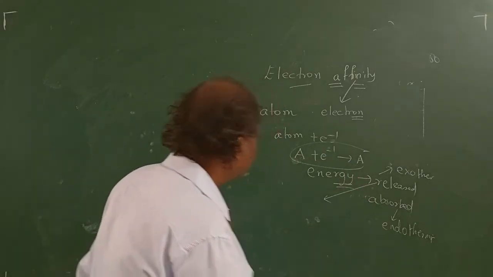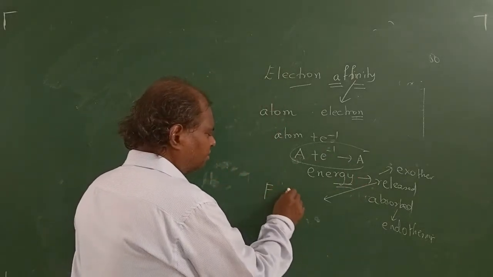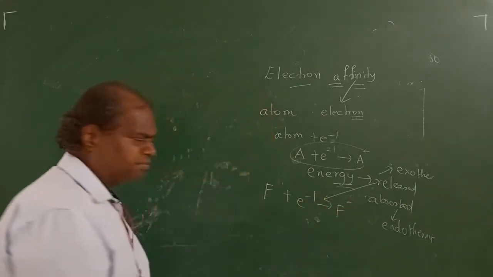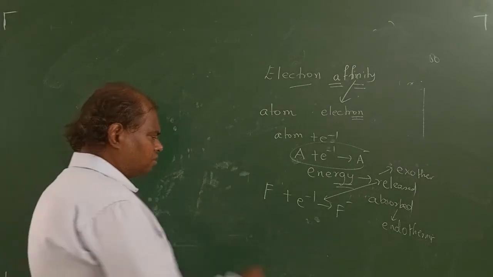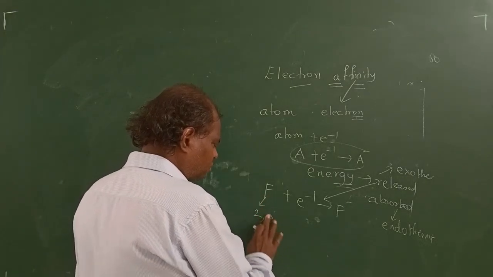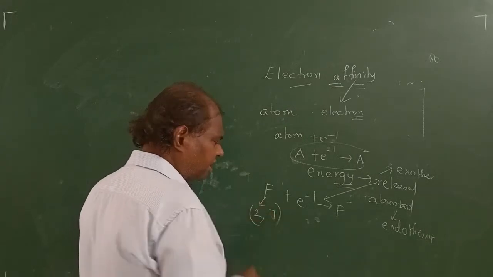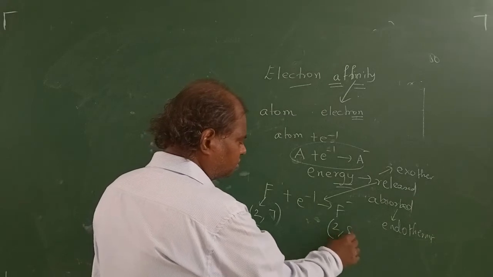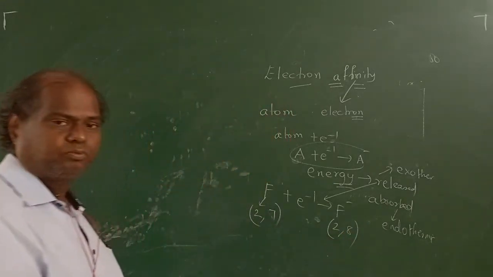I'll give you an example now. For example, fluorine will become F minus. Now if you see the configuration of fluorine, we write 2 7. If fluorine accepts the electron, it will become 2 8.